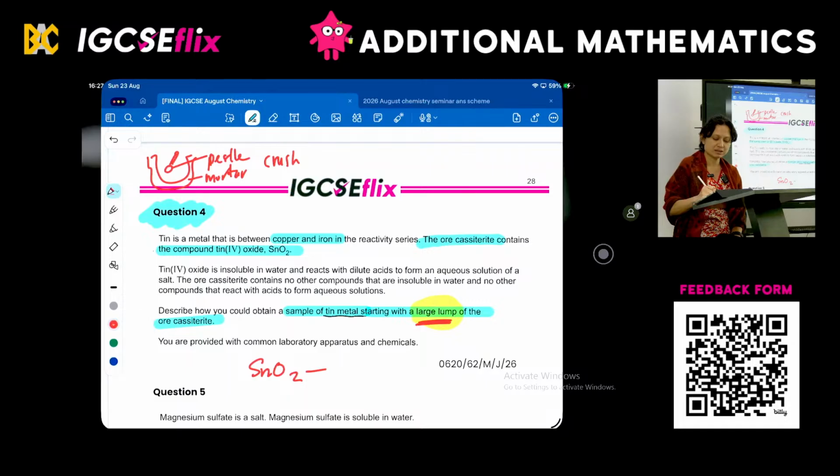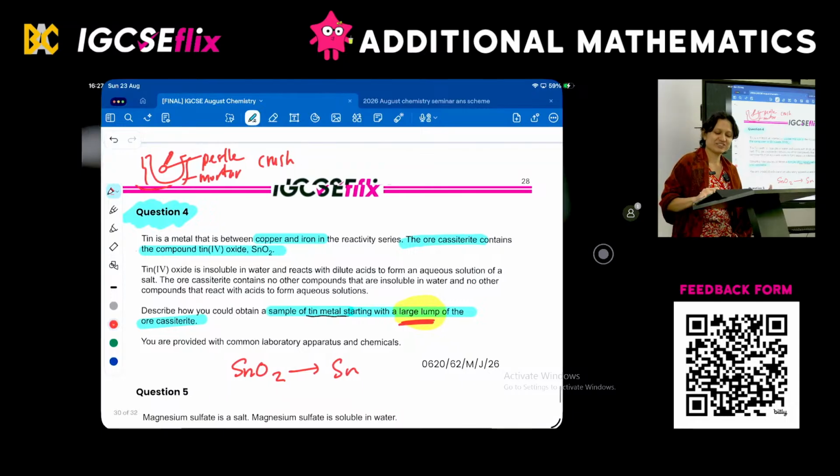You want to get tin. It is between copper and iron. That means it's more reactive or less reactive than carbon?